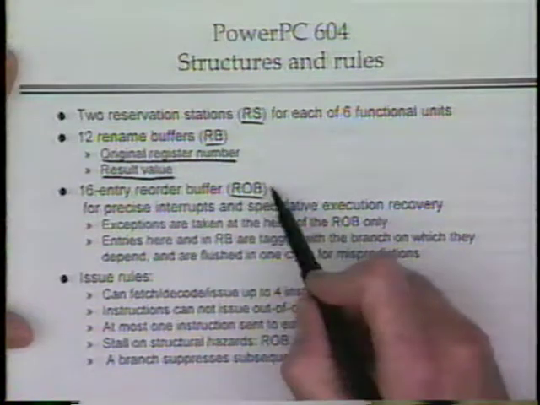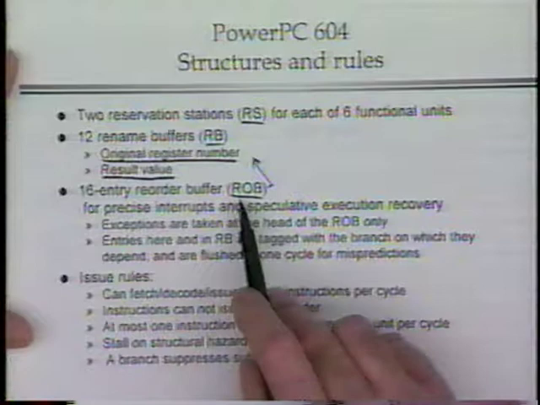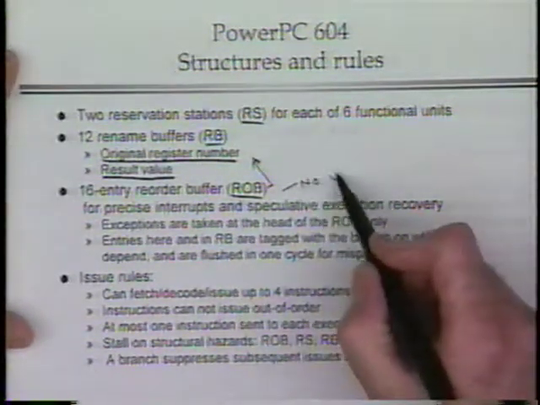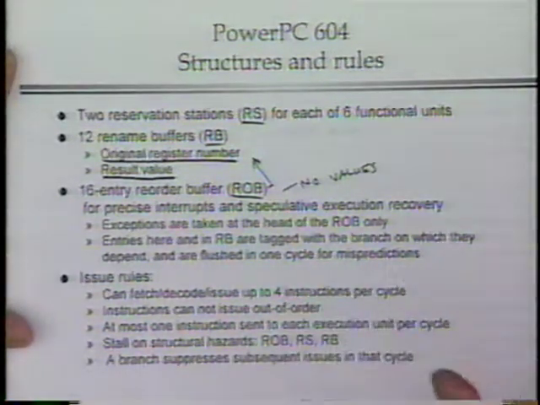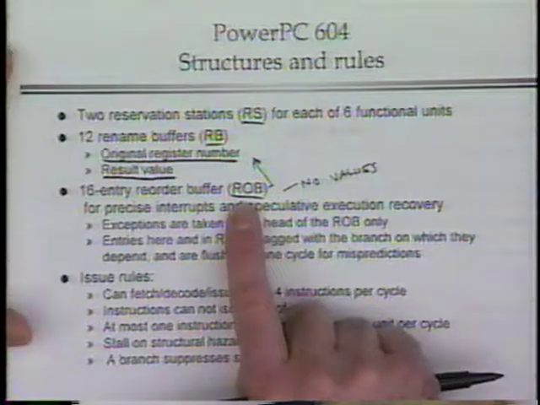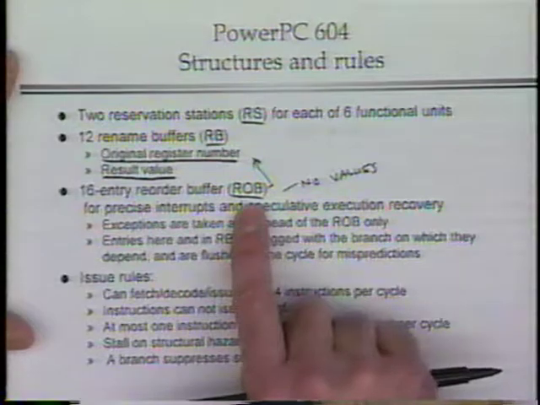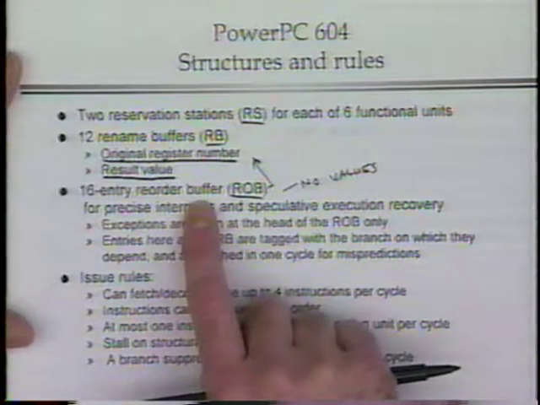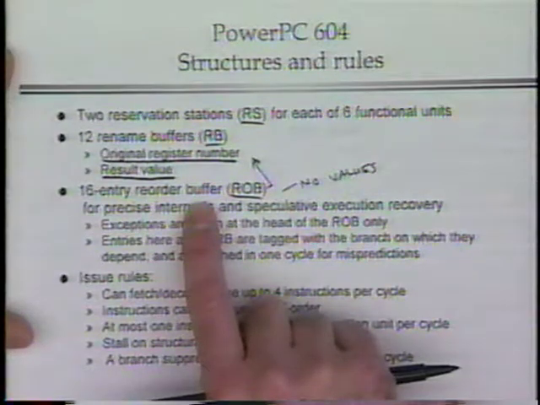Now, in some ways, it shares its function with the reorder buffer as we saw it. In this architecture, the reorder buffer, in fact, has no values in it, unlike the reorder buffer that we originally looked at, that keeps track of the values that are originally stored. Here, they split that into two functions. At the time that an instruction is issued, it gets a slot allocated in the reorder buffer so that the reorder buffer is always in order of instruction issue.